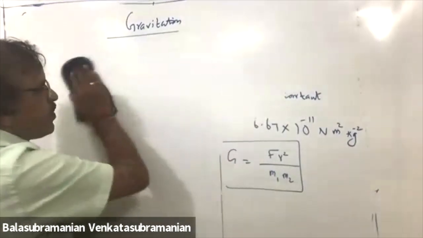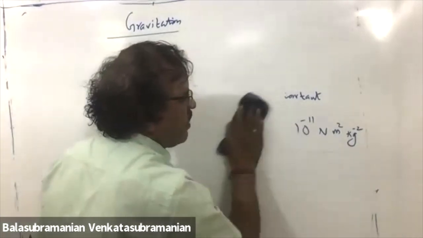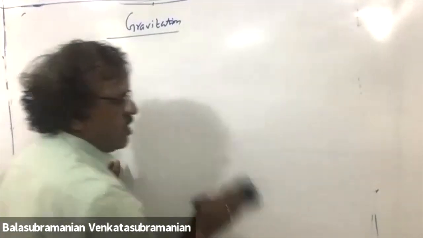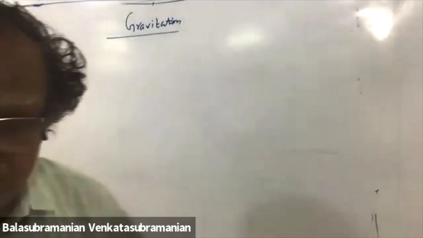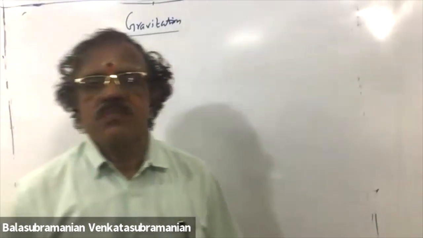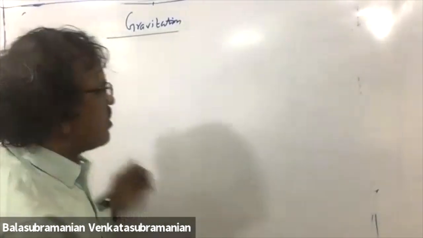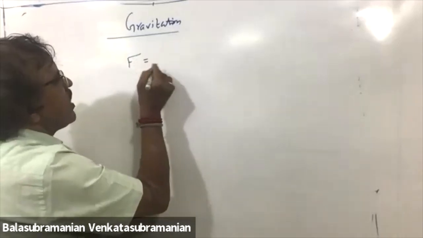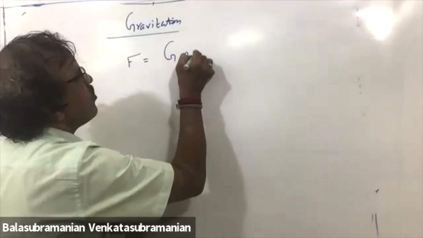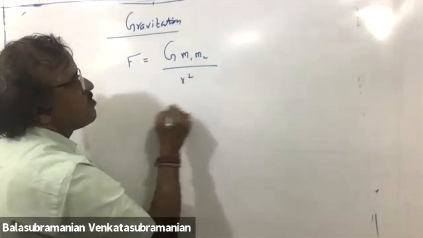We want to express this Newton's law of gravitation, that is the force, in vector form. How will we write in vector form? We know the formula F is equal to G M1 M2 by R square.